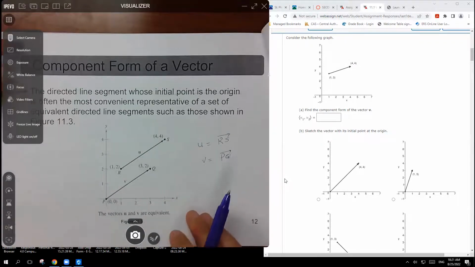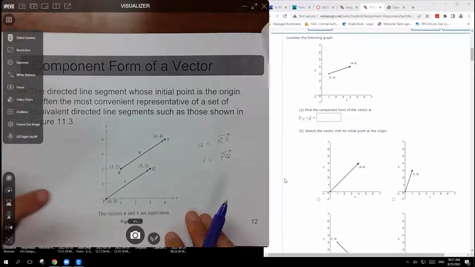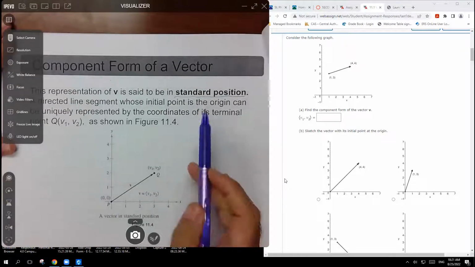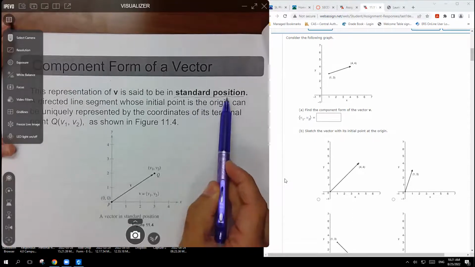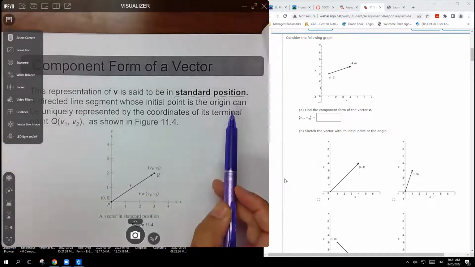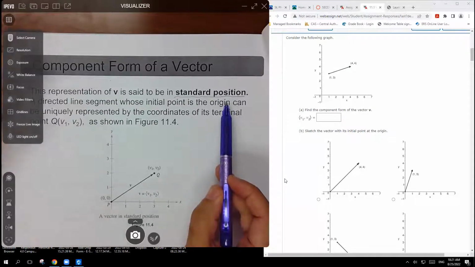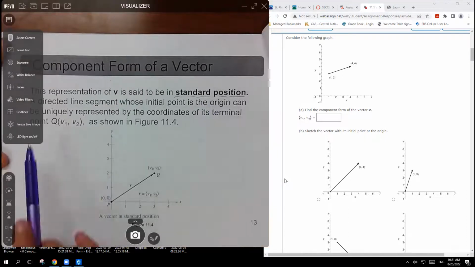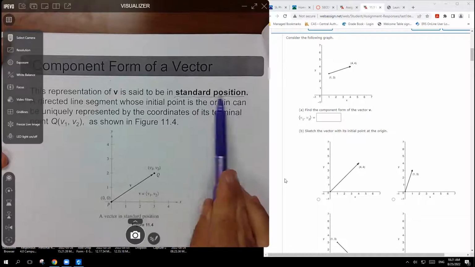Now, any vector starting from point 0, 0 is called a standard vector or standard position, because this vector starts from the origin point. If you're going to be asked about this, you just have to know any vector starting from the origin point is called the standard position.